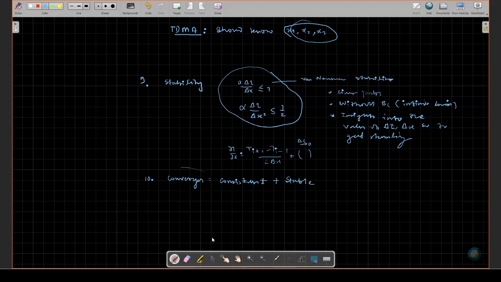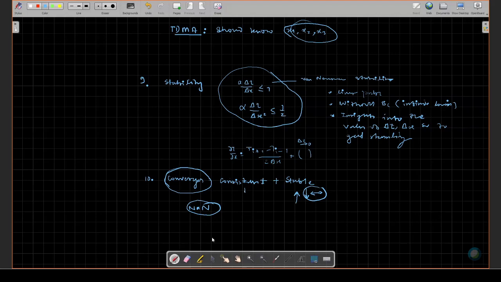Then you can get a converged solution. Getting a converged solution is a major task. Otherwise, you will run the system but you will not get any converged solution, and you will end up with not a number, NaN. That should not happen. An unstable scheme will always increase the amplitude. A stable scheme will keep the amplitude down or constant, and it will not affect the solution.